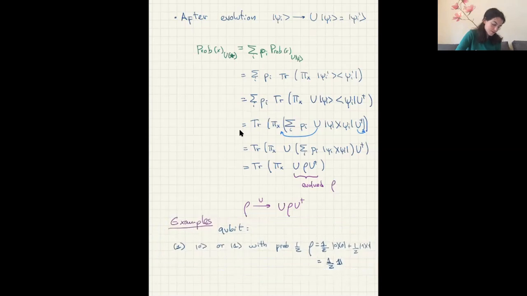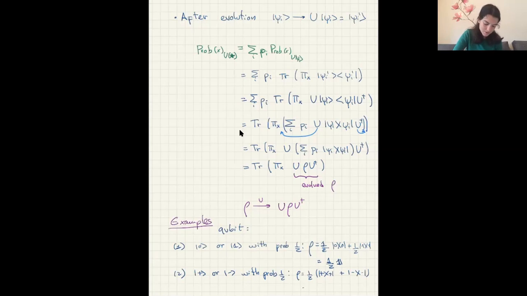Let's take again a qubit, but now let's take a completely different machine. It outputs either state plus or state minus with the same probability. Then rho is going to be 1 over 2 |+><+| plus 1 over 2 |-><-|. But plus and minus also form an orthonormal basis.